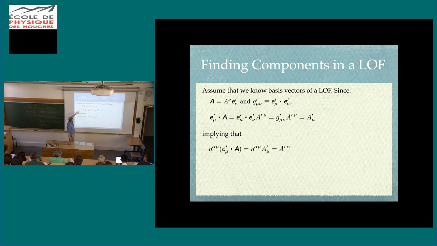So if I take the dot product of one of the basis vectors with my 4-vector, then this becomes the metric, which just lowers, gives you the prime frame.